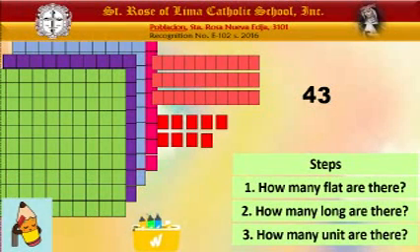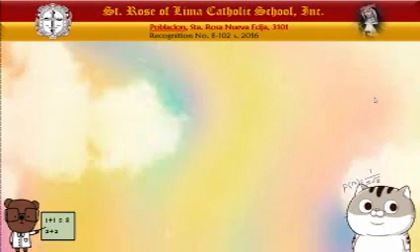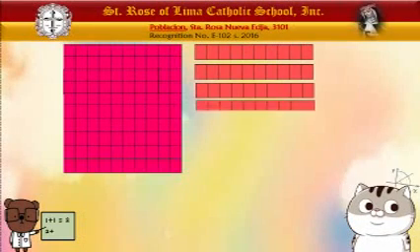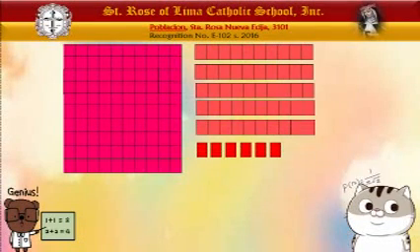So I have here 9 units. So all we have to do is write the number 9. So we have here 439. So if we read this, we have here 439.